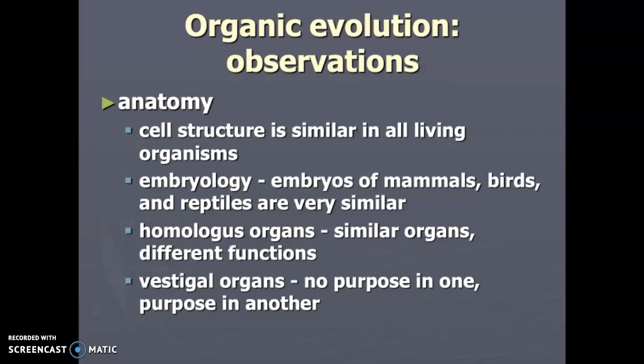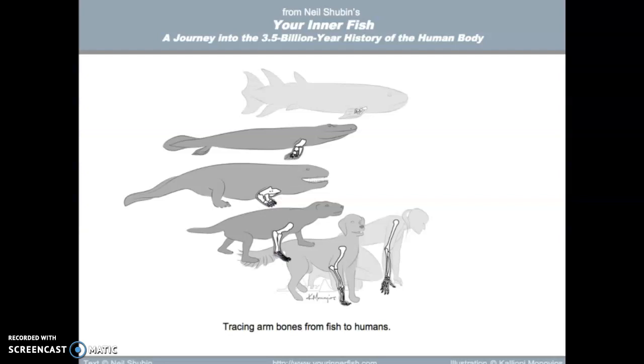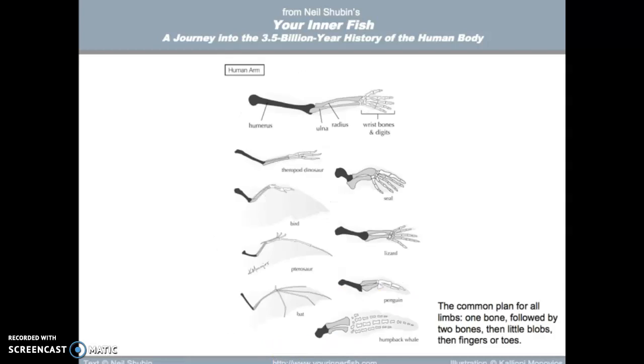And we're going to look specifically at some things called homologous organs, which are organs that are similar in different organisms but can have different functions. If we look at the fin of a fish, the foreleg of a reptile, and this thing up here in between the fish and the reptile is kind of a transitional organism. If we look at the forelimb of different mammals, including humans and dogs, we see a very similar structure.